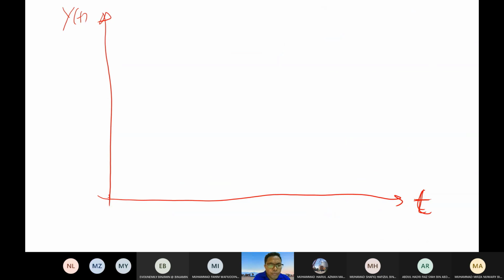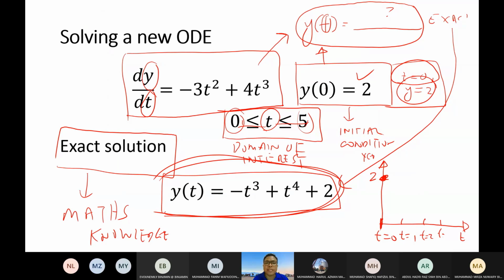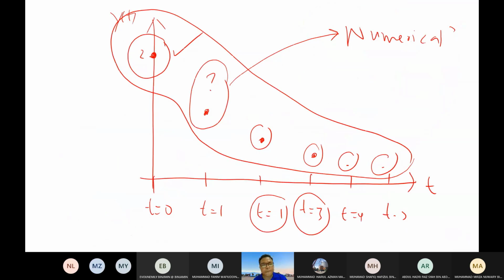Okay, so still remember, I have proposed my t varying from 0 until 5.